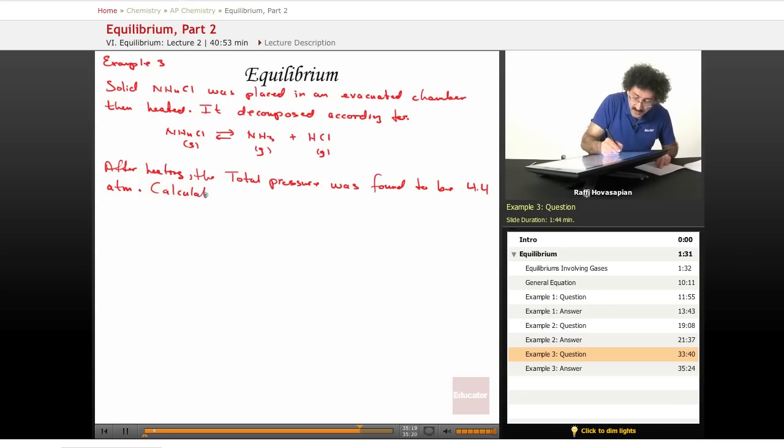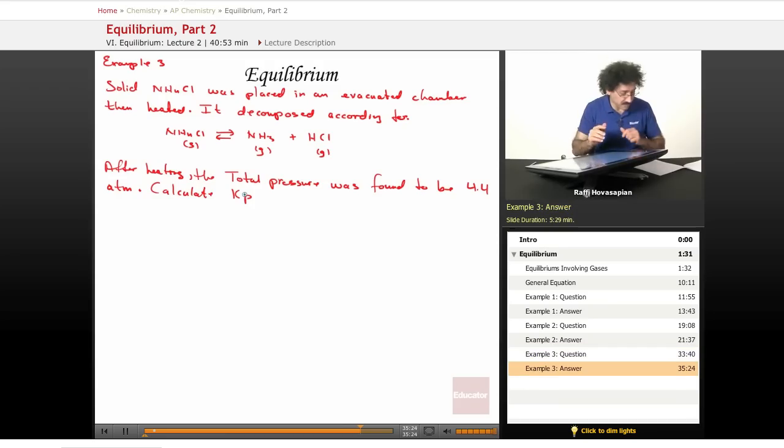Our task is to calculate the Kp, the equilibrium constant with respect to pressures. Well, let's write out the equilibrium expression first. It's always a great thing to do. Write everything out. Write out the equilibrium expression, write out the ice chart, and then just see where you go from there.